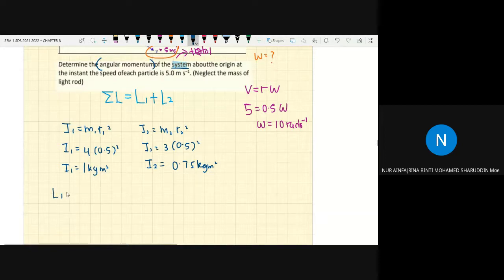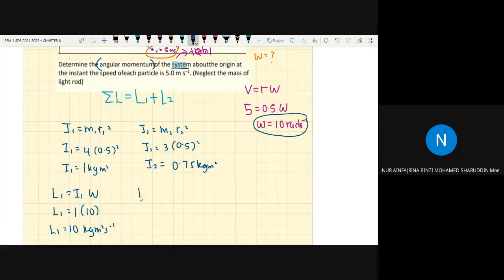L1 adalah angular momentum pertama you adalah moment of inertia darab dengan omega. So your moment of inertia untuk particle 1 is 1 manakala dia punya angular velocity adalah 10. That's why you akan dapat 10 kg meter squared per second.